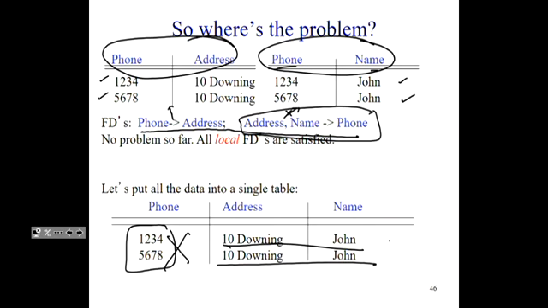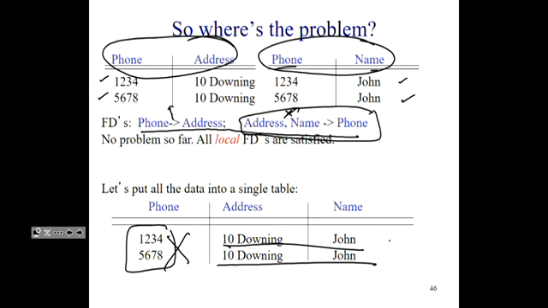Because address name implies phone is a functional dependency that was not captured in any of the individual tinier relations, right? So there was no way to check that on the individual smaller relations. You can only check it when you bring all of the data back to the global larger relation, right? So that's an issue.